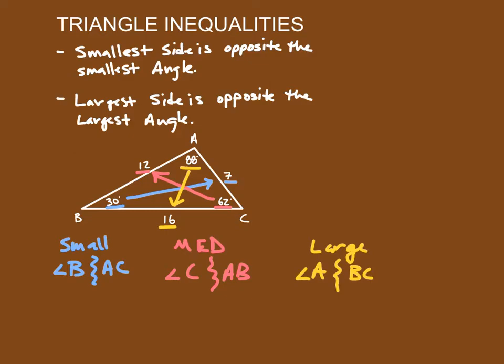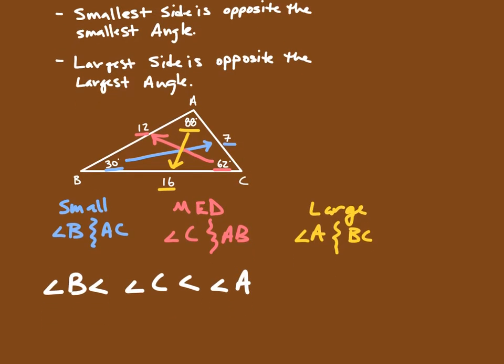We can say that angle B is less than angle C, which is less than angle A. And if you come in here, you can say 30 is less than 62, which is less than 88, and that's what we're showing here, ordering these from smallest to largest. We can do the same thing with the side lengths.